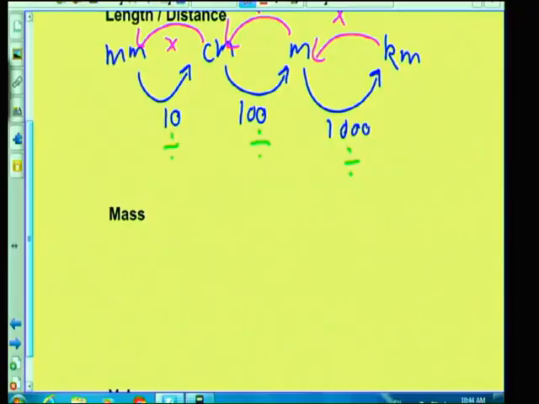Well, good news, we have a very similar system. Instead of changing all the things, we've got milligrams, and then we have grams, and then we have kilograms. Now, the prefixes, these things in front, are the same in distance and in mass, and in fact in other units, if we chose to measure some other things, you would find they're the same.